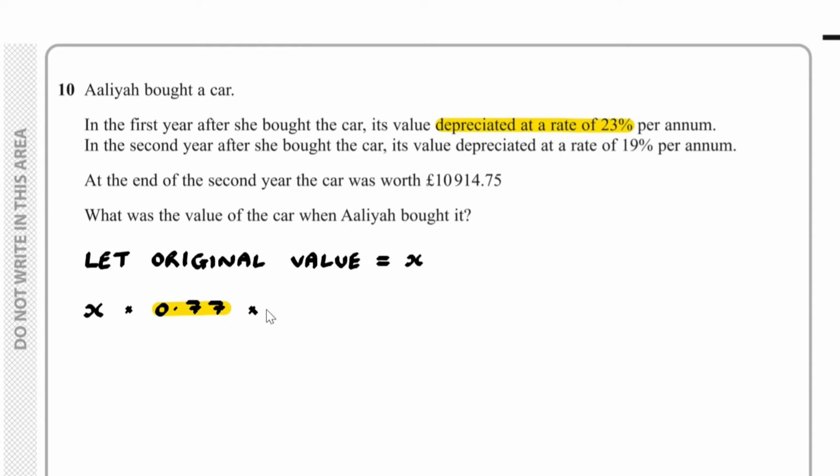Then we multiply this by, well, if it depreciates at 19% per annum in the second year, we multiply by 0.81. So this 0.81 would correspond with the statement where it depreciates at a rate of 19% in the second year.